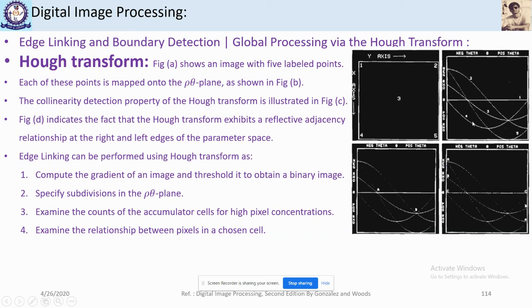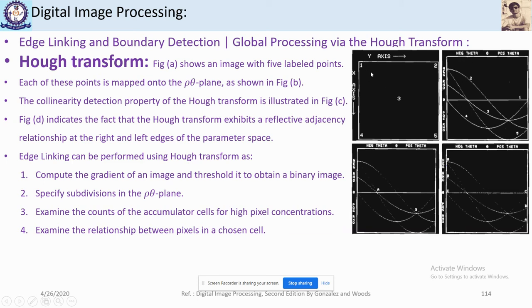These 3 points are collinear, and the rho value for that particular straight line is 0. Rho value is 0, and the angle is some minus 45 degree, because here is minus 90 degree, here will be half of that, that will be minus 45 degree.